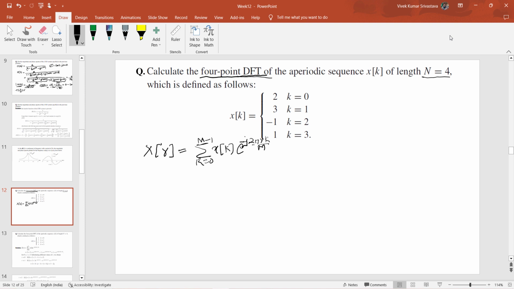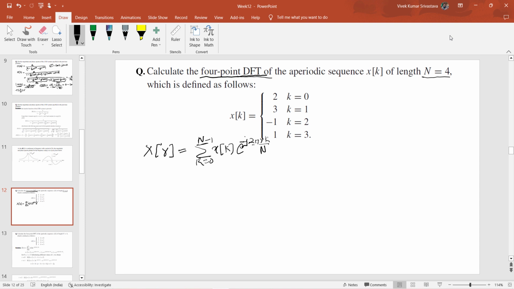Here you can say this as n, instead of m. So here n is equal to 4 is given to us, that is 4 samples of frequencies at the output of DFT, at the output of the system basically.